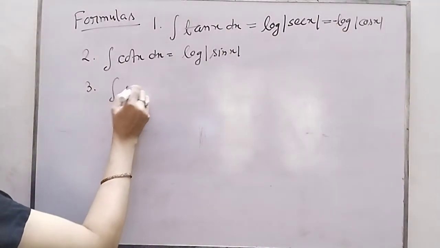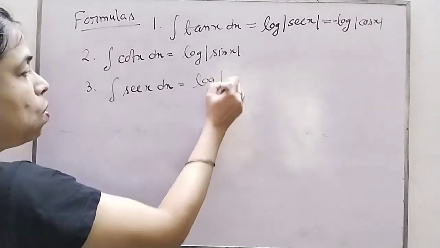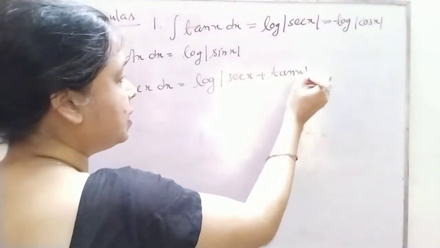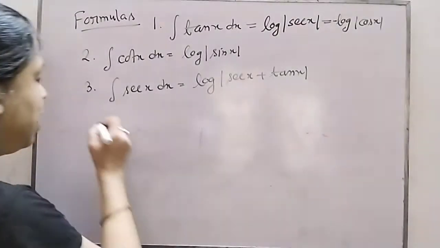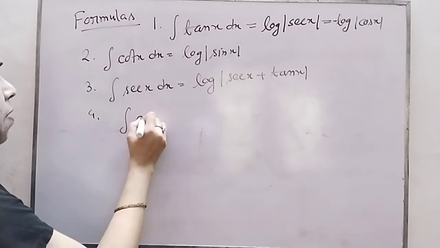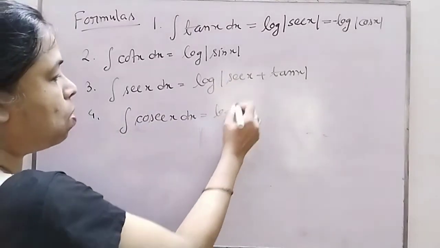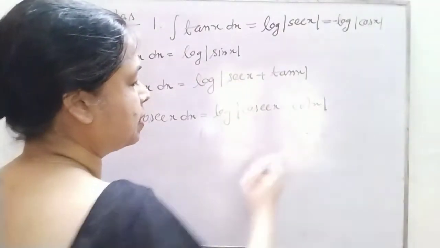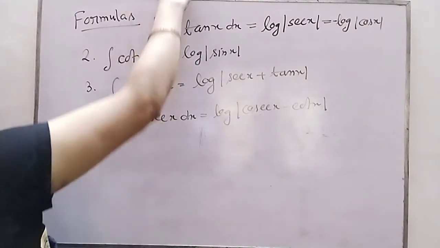Then next we have integration of sec x dx is log of modulus of sec x plus tan x. If it is set as a problem, then always you have to give the plus c ultimately when you derive. Number 4, integration of cosec x dx gives you log of modulus of cosec x minus cot x. So these 4 formulas, now we will derive one by one.